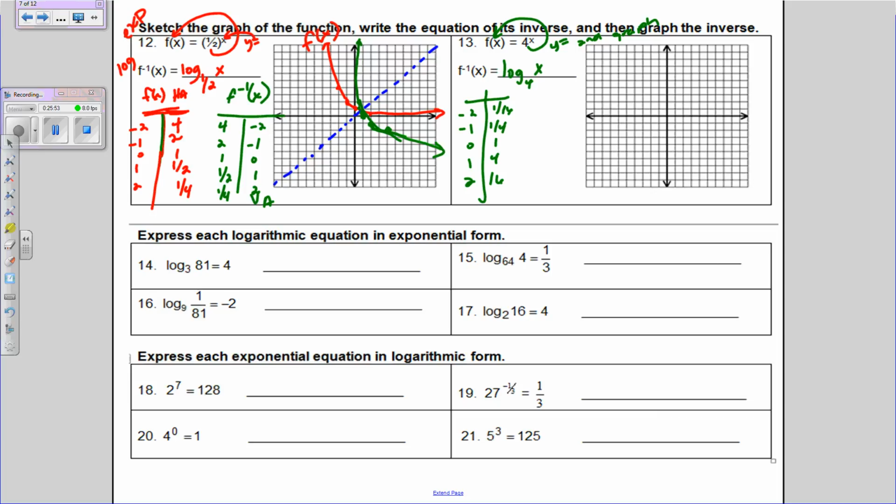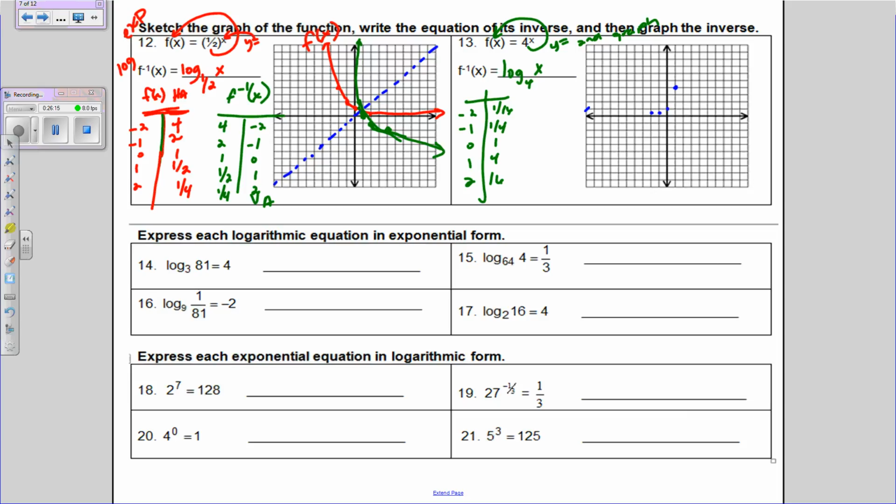So let's graph that one. Go backwards 2, up a tiny bit, backwards 1, up a tiny bit more, 0, 1, 1, 4, and 2, 16 falls off our graph.